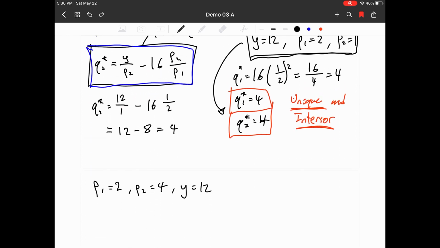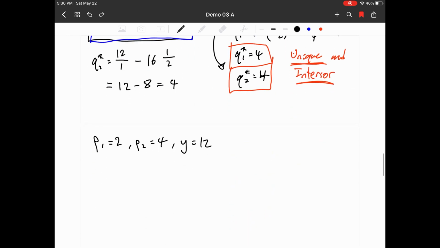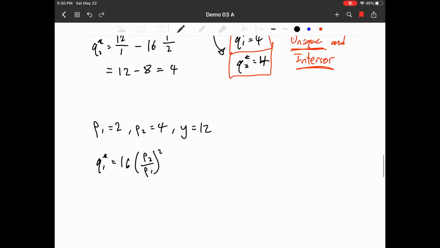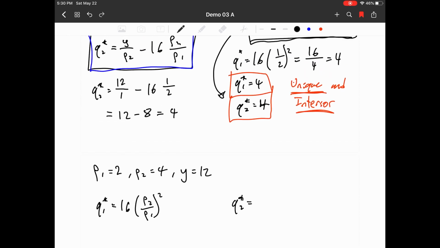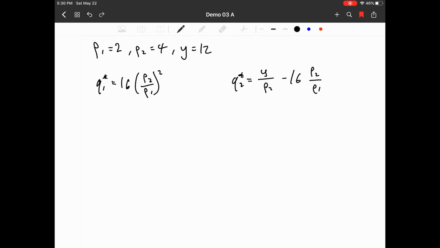So the first one, Q1 star is equal to 16 times P2 over P1 squared. Just double checking. And Q2 star is equal to y over P2 minus 16 times P2 over P1. Okay.